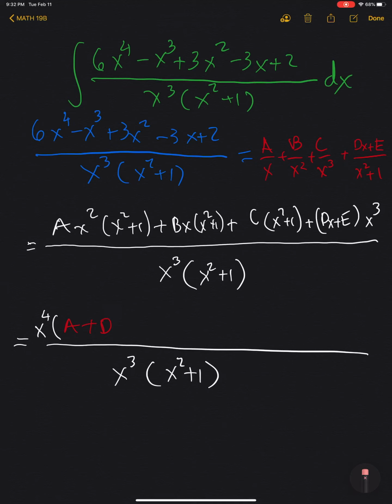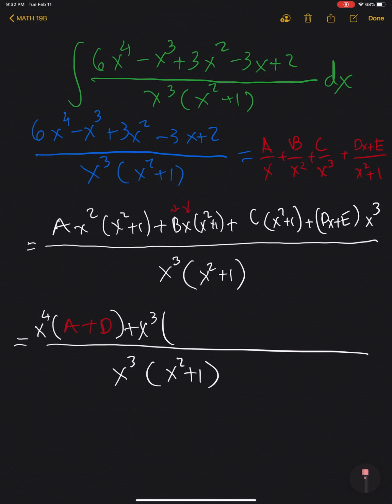Now I move on to the next one, which is the coefficient of the cube. So we look at the coefficient of x cubed. In the first term, I don't have any cubes. If I look at this term right here, there are no cubes coming from that. But if I look at this term, I actually have a cube coming from the b, the x, and the x squared.